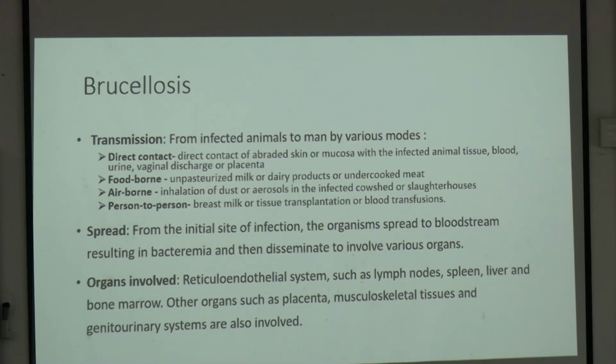Next. The transmission may be either direct, food, or airborne, and it spreads from the local site, causes primary bacteremia, and ends up in all distant organs, including reticuloendothelial cells, and even in the musculoskeletal system. So, the common presentation that is seen is called a classical triad, where we have profuse night sweats along with joint pains and hepatosplenomegaly.